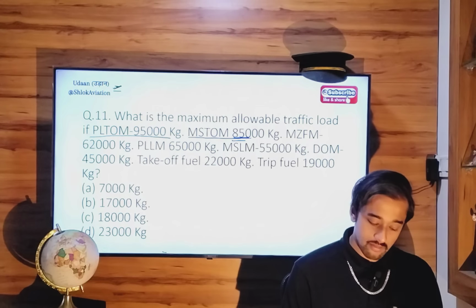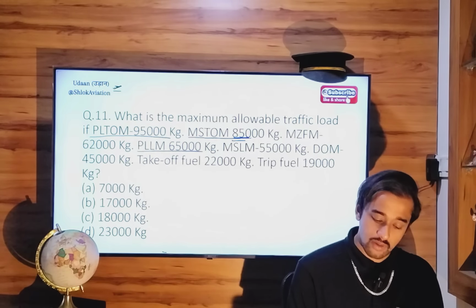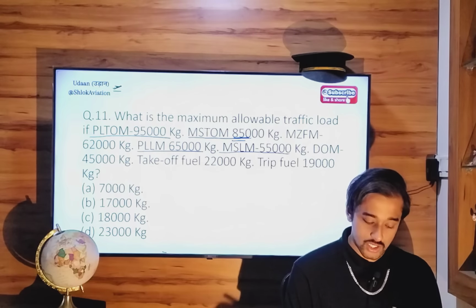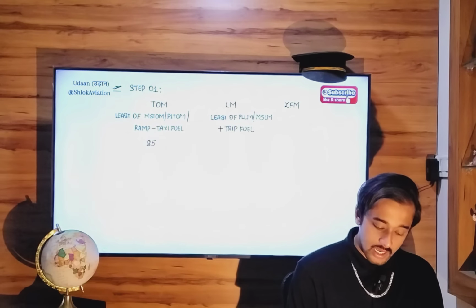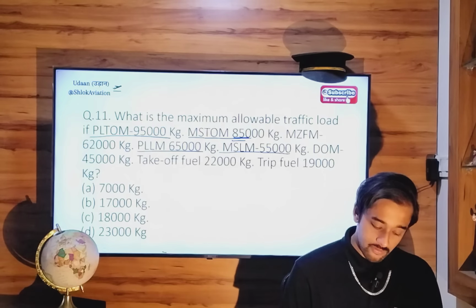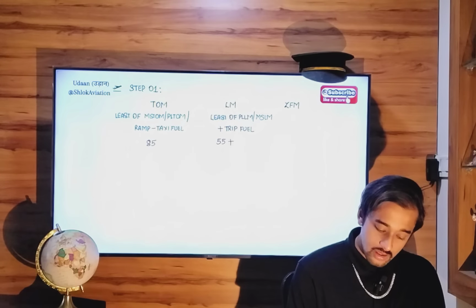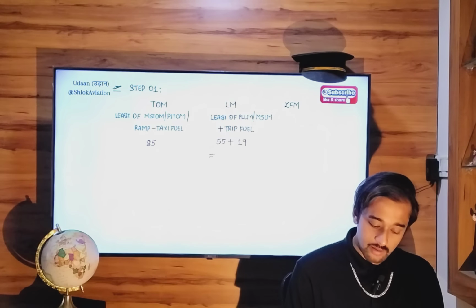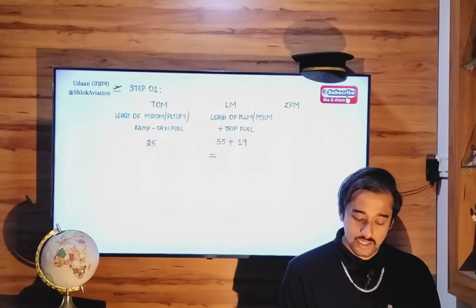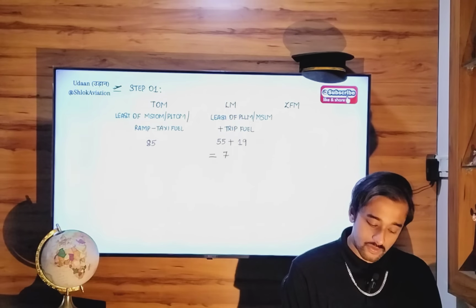The value less in number between performance limited landing mass and maximum structural landing mass is 55,000 kg. So 55 plus trip fuel. The trip fuel is 19,000. So 55 plus 19 is 74.